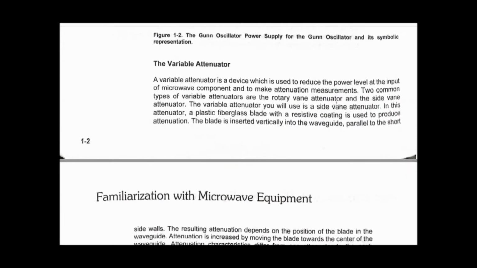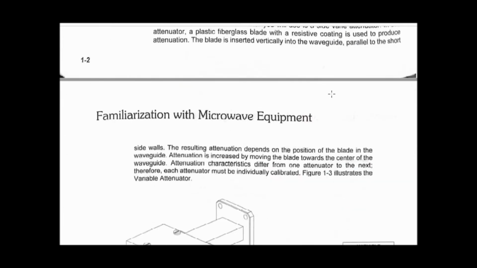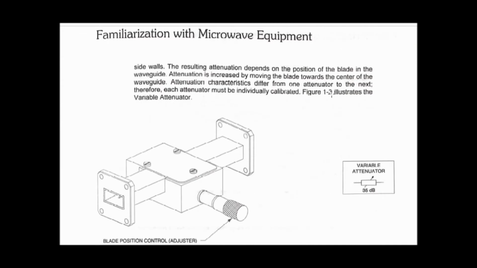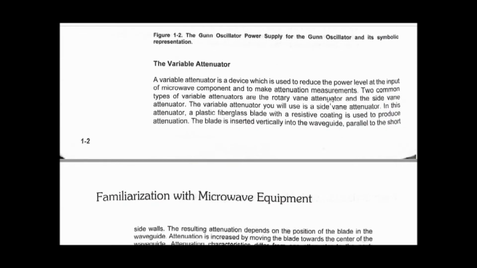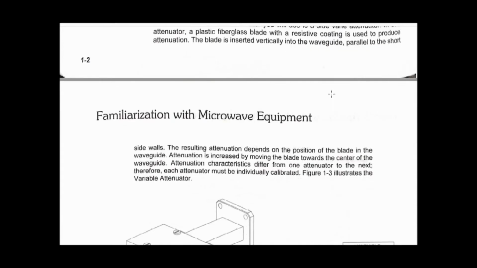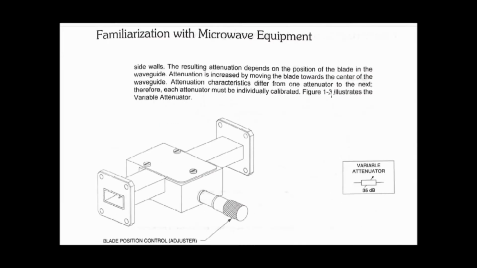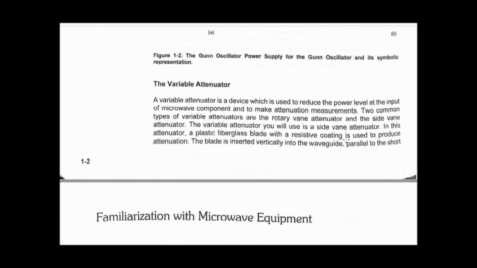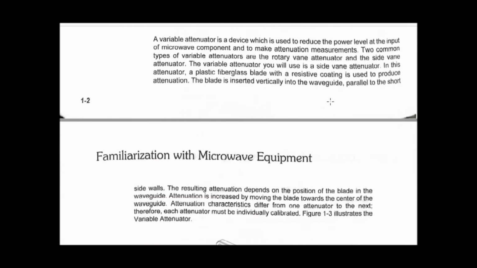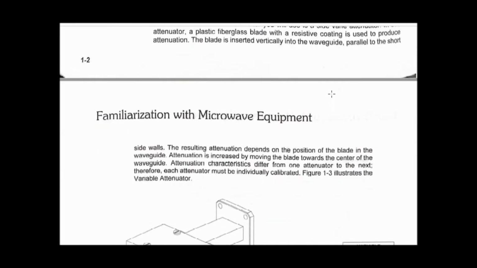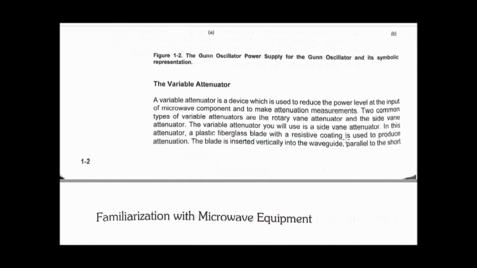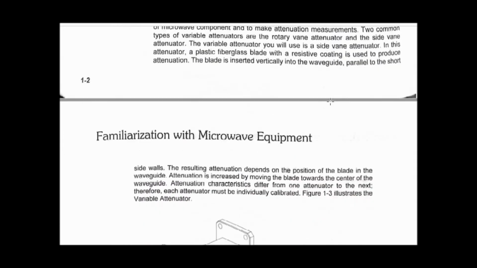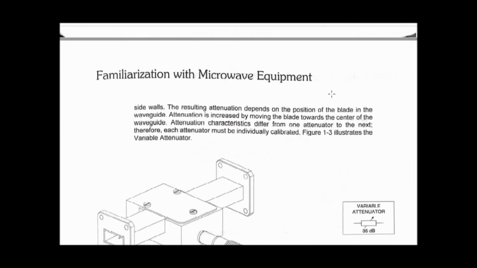Another important component is a variable attenuator. A variable attenuator is a resistive device that basically absorbs some microwave signal. In this lab, we have fixed attenuators and also a variable attenuator.